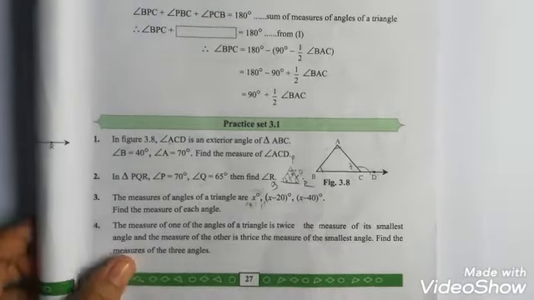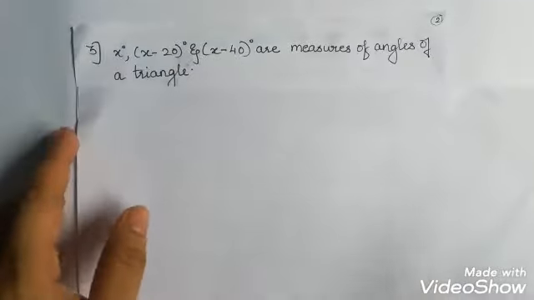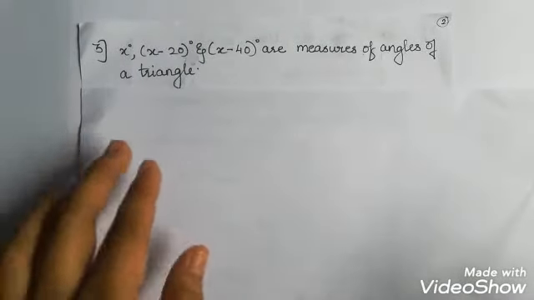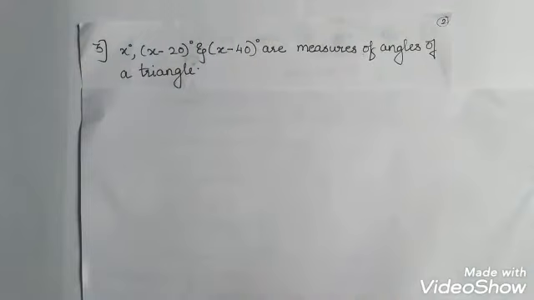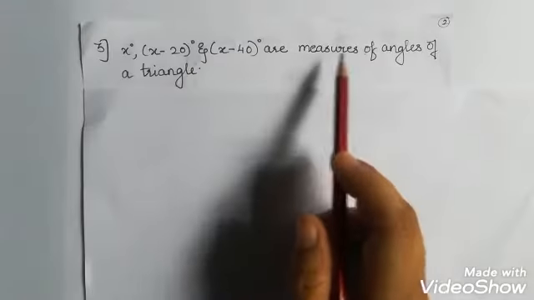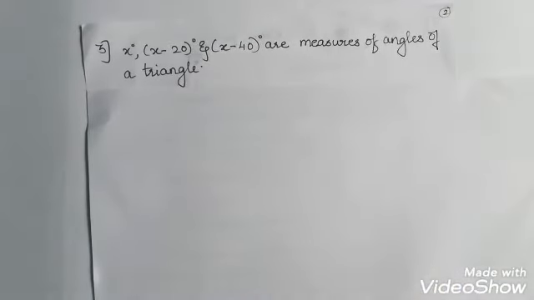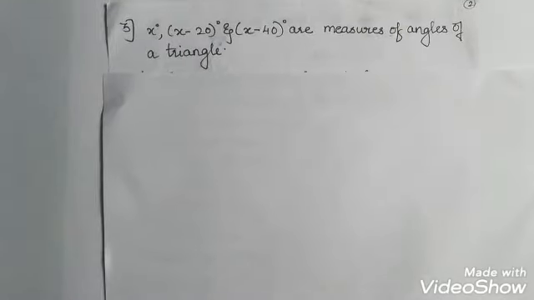Okay, so now let us start. So first statement, I will assume: let the given three be the angles of a triangle. Okay, x degrees, x minus 20 degrees and x minus 40 degrees are the measures of angles of a triangle. Now there are three measures of angles given to us, right? So I will add all the given three angles.